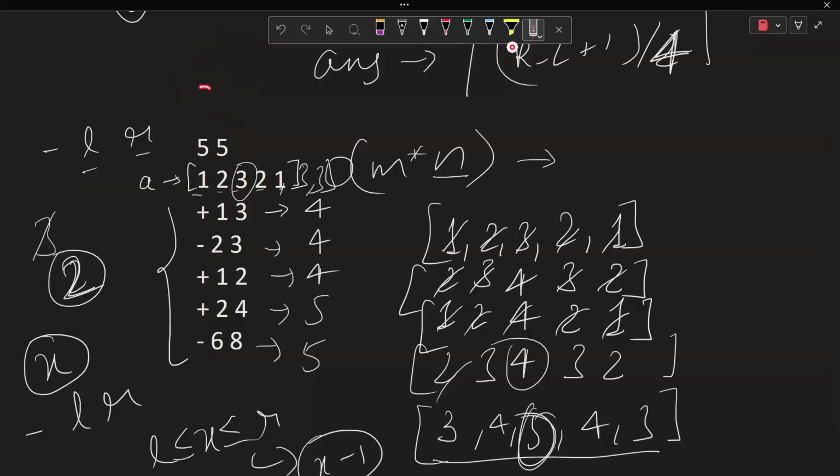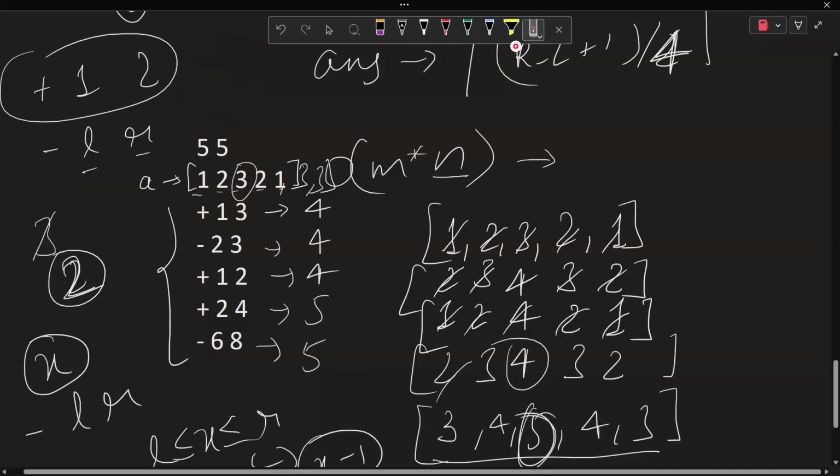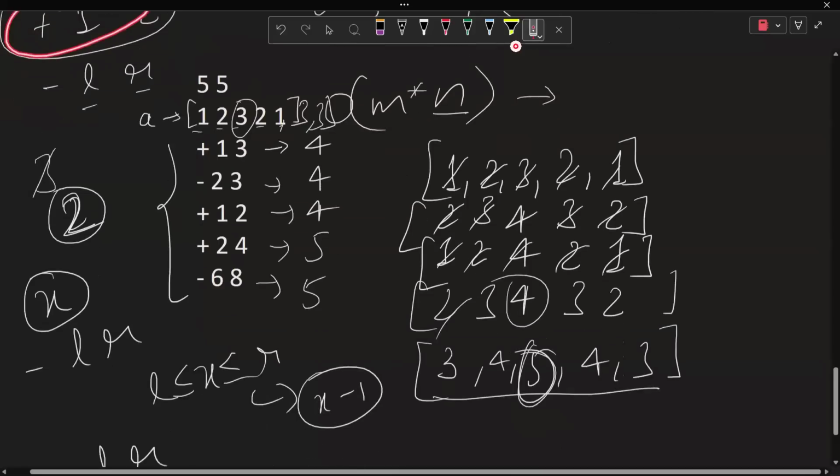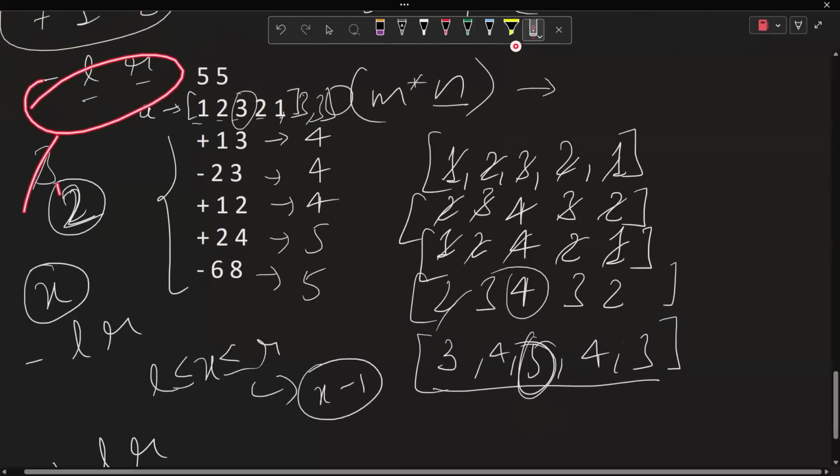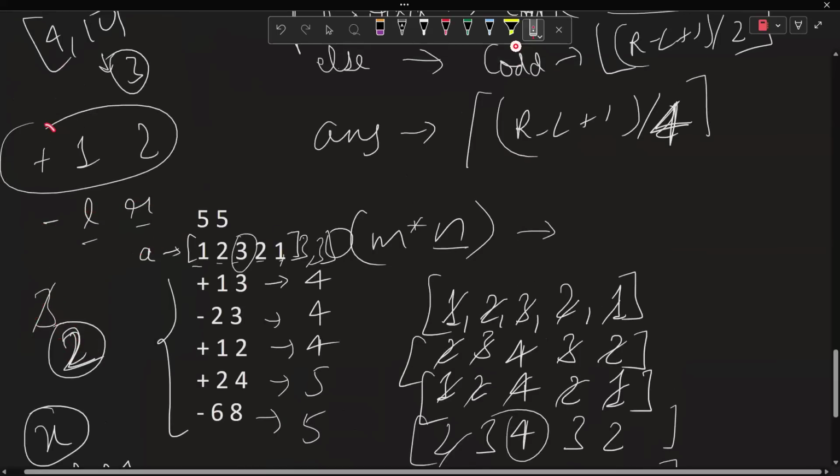Why? Because it would never happen that some value crosses. Let's suppose your operation is +1 2, and there is 3 as the maximum value. So 3 is not in the range. I discussed for the in-range case why it would always be your answer. If it is not in the range, that also I'll discuss.